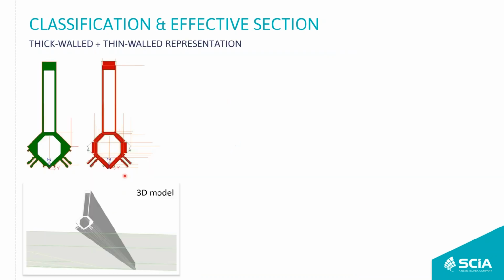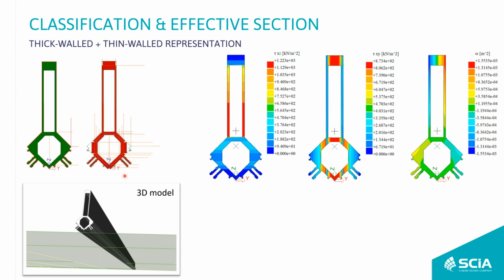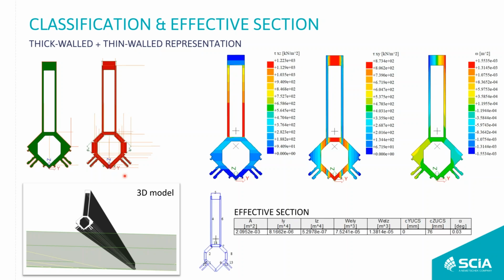What we also did, and I'm showing it here, is that you can see the 3D model, and then if you switch it to 2D FEM calculation, you can see also the pictures of the shear stress, and also some other parameters which are calculated inside the cross-section tool. And here you can see also some initial shape and the effective section calculated.